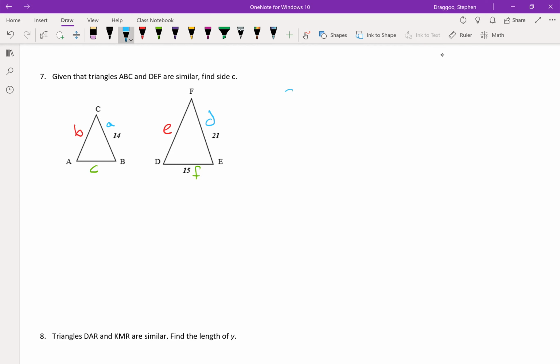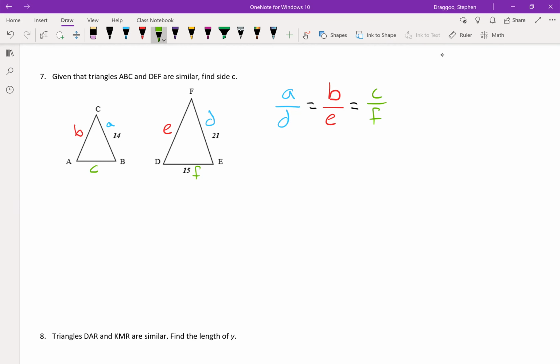So I could set up A over D and say that that must be the same as the ratio of B to E, or B over E, which also has to be the same as the ratio of C to F. So I end up with this three-part equation.